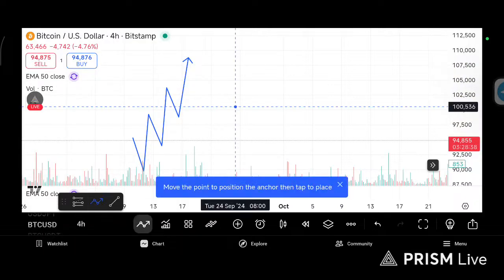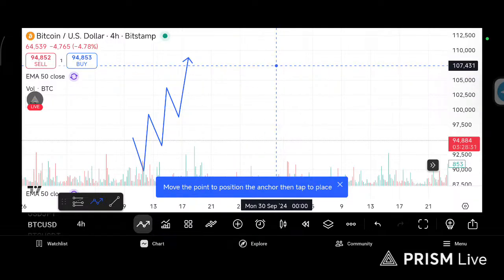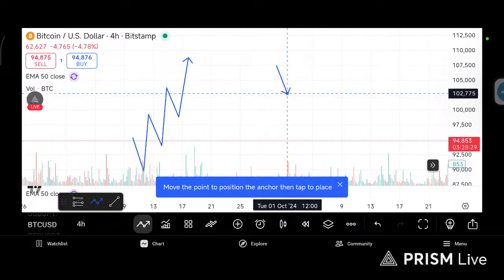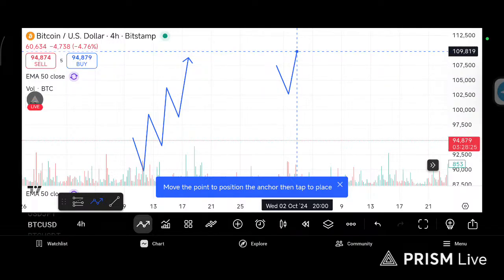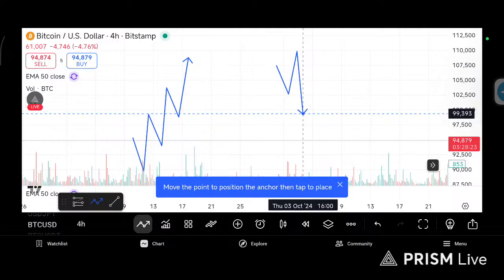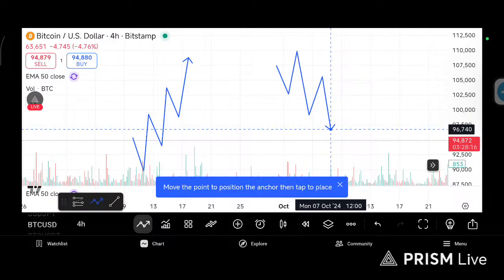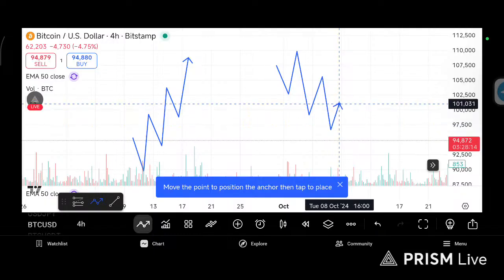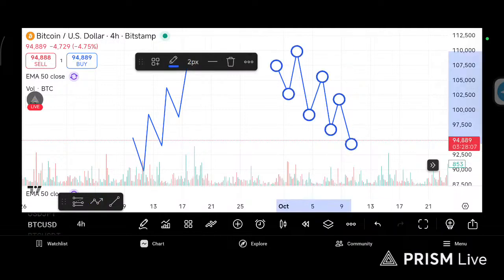In the case of a downtrend direction, you're going to have the market coming like this, isn't it? Have you seen it?